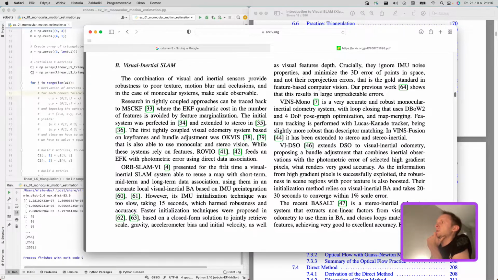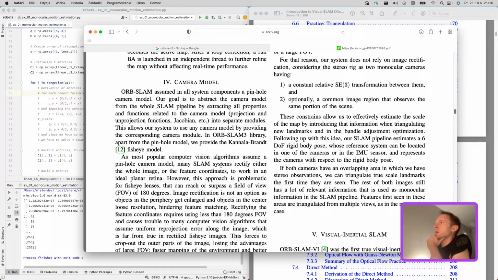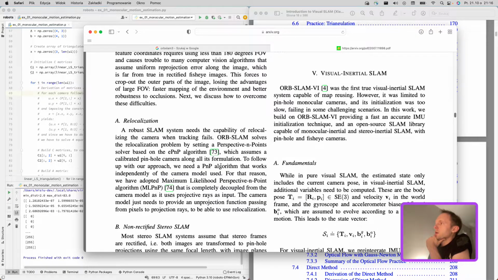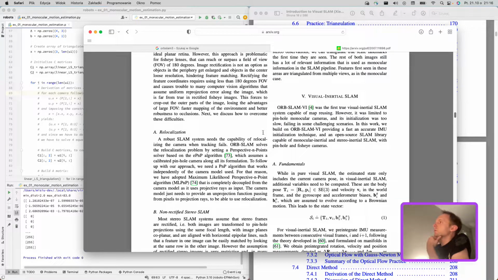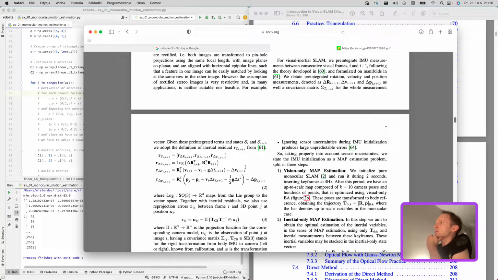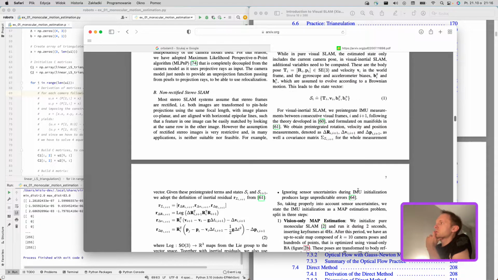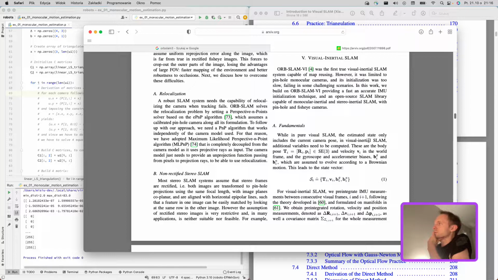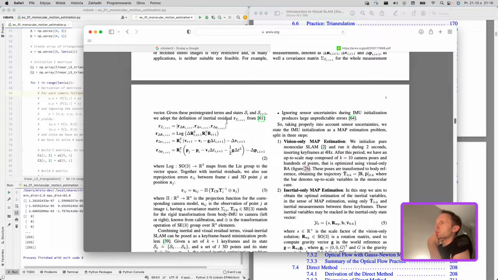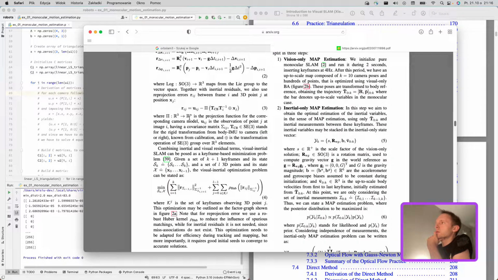ORB-SLAM 3. Okay. Yes. Body pose. Yes, we integrate IMU.